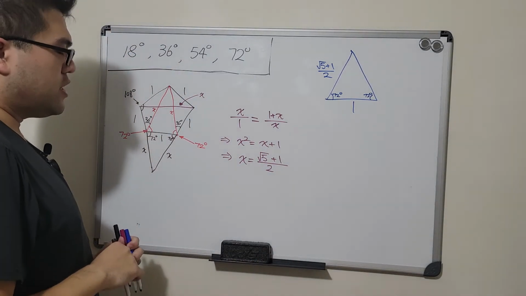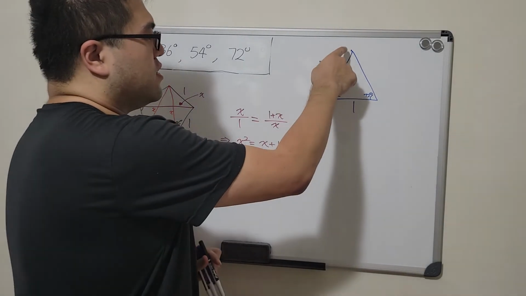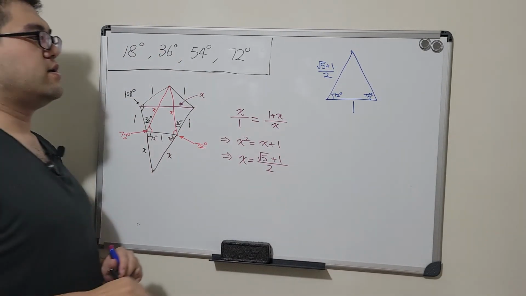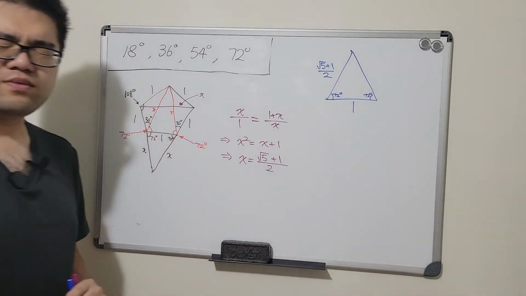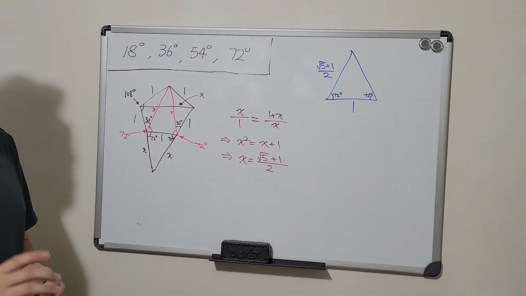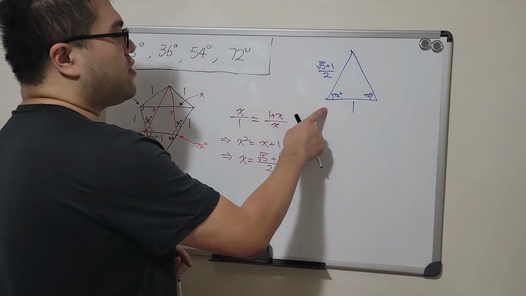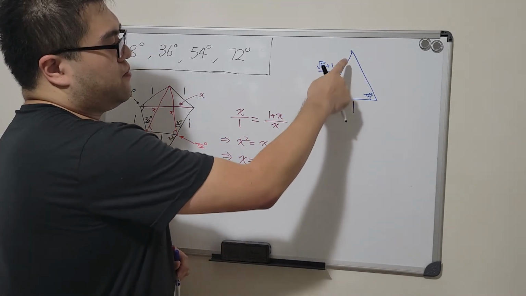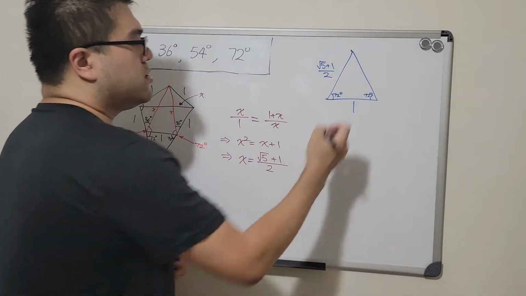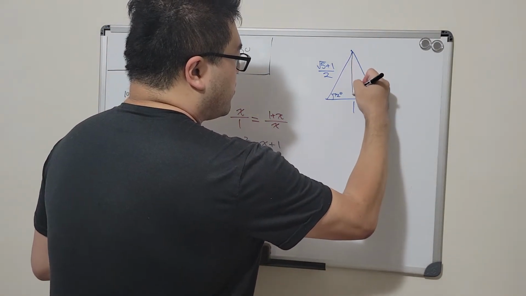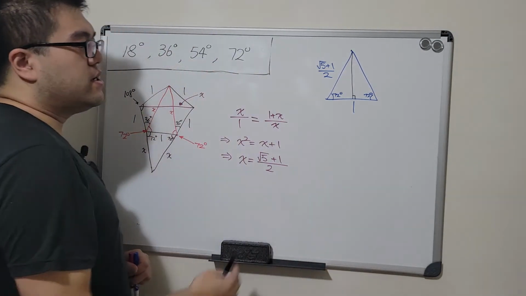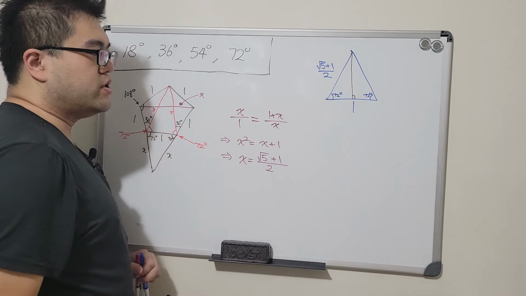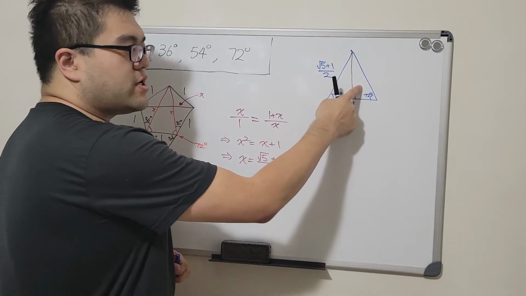Now, if we try to draw a line from the top vertex that's perpendicular to the base, we actually get the height, and also we divide up the triangle into two congruent right triangles.